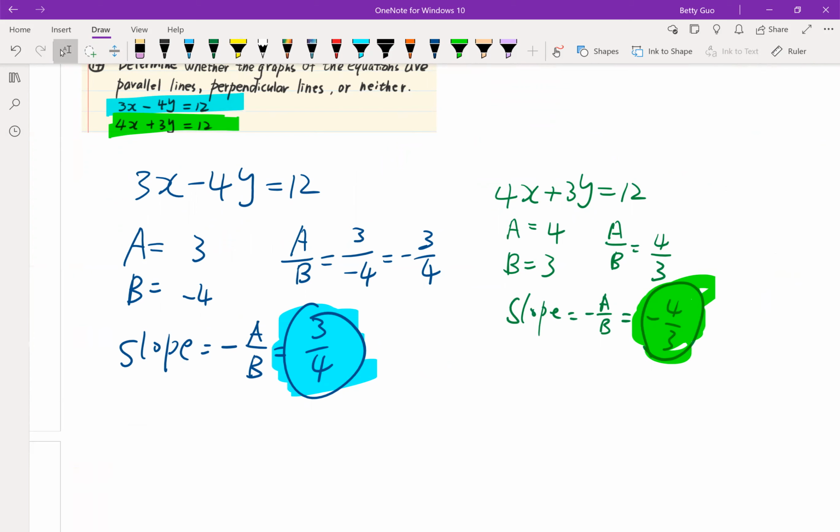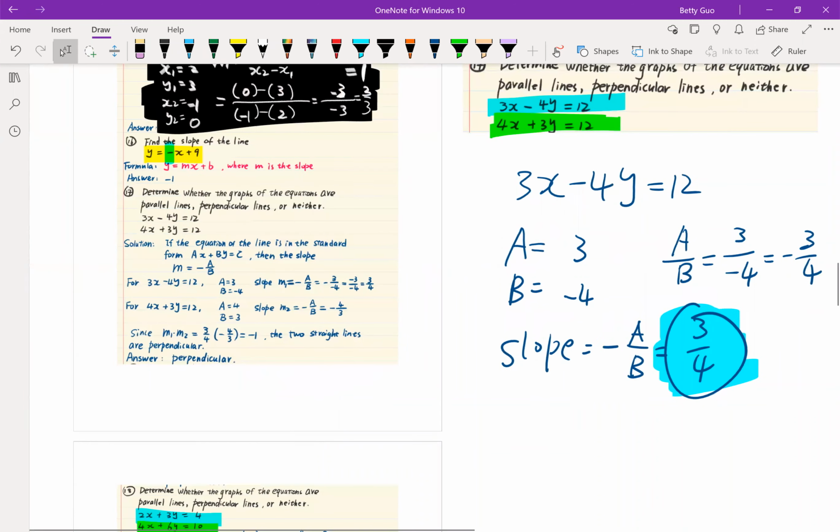I could only tell you tomorrow the 3 problems, 17, 18, 19: one of them is parallel, one of them is perpendicular, one of them is neither, but I don't know which one is which. Okay? Any questions? Sarah, any questions?